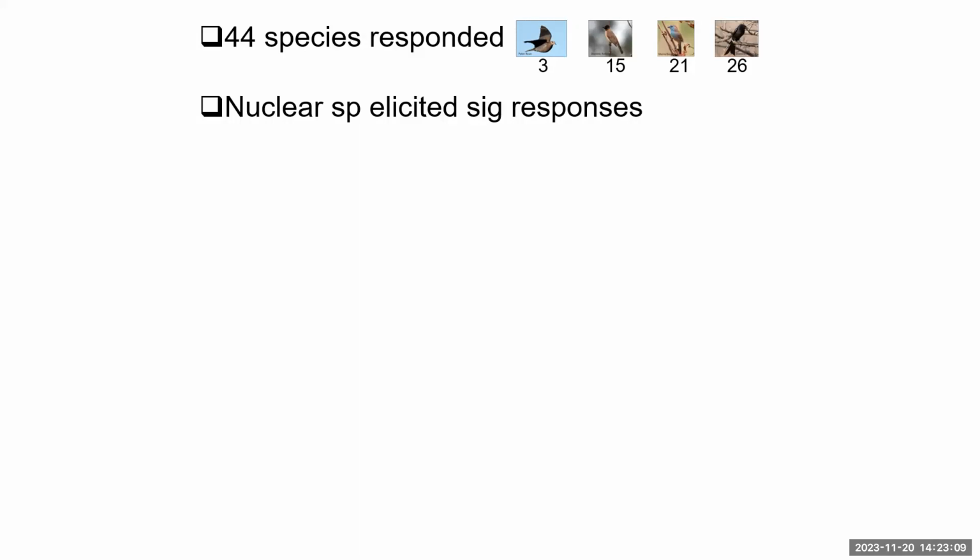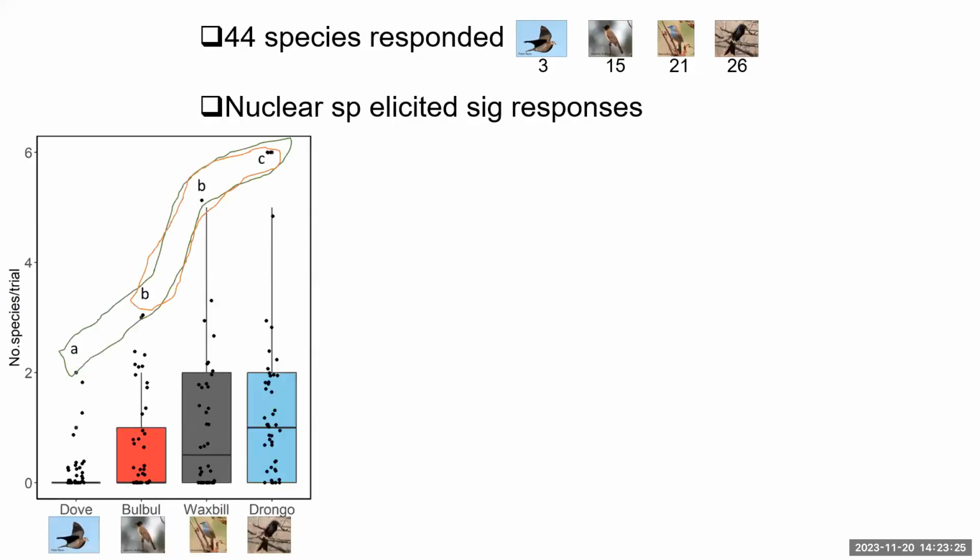elicited responses of 44 species in total, and 3 species responded to the dove, 15 to the bobo, 21 to wagsbill, and 26 to drongo. But what I want to show here on the x-axis, these are the different treatments.